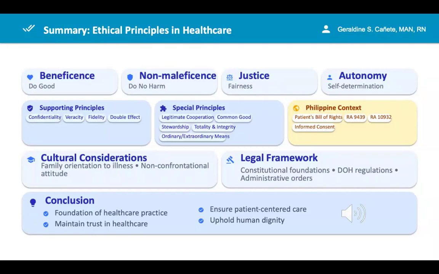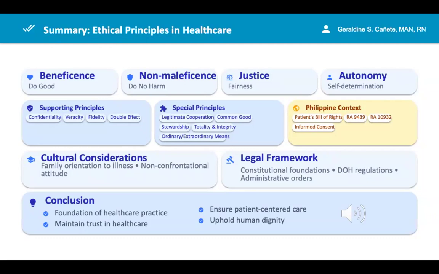Also, there are special principles like legitimate cooperation and the common good that remind us that we work within systems, not in isolation. The principle of stewardship, integrity, and even the ordinary versus extraordinary means principle help us to make difficult end of life and resource decisions.